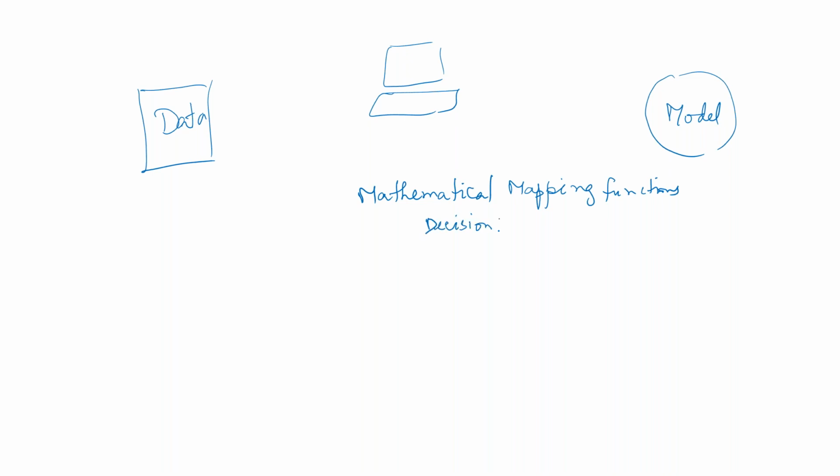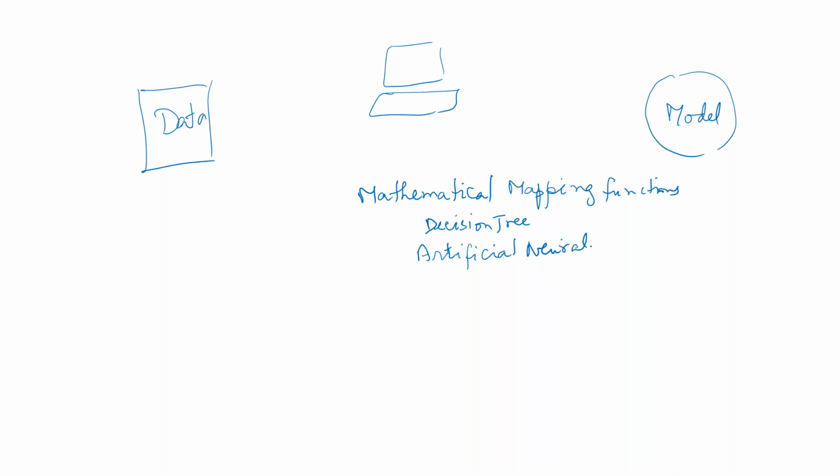Computer science students in their curriculum study decision trees for almost a semester. Then the third most important model solving deep learning problems these days is artificial neural networks.